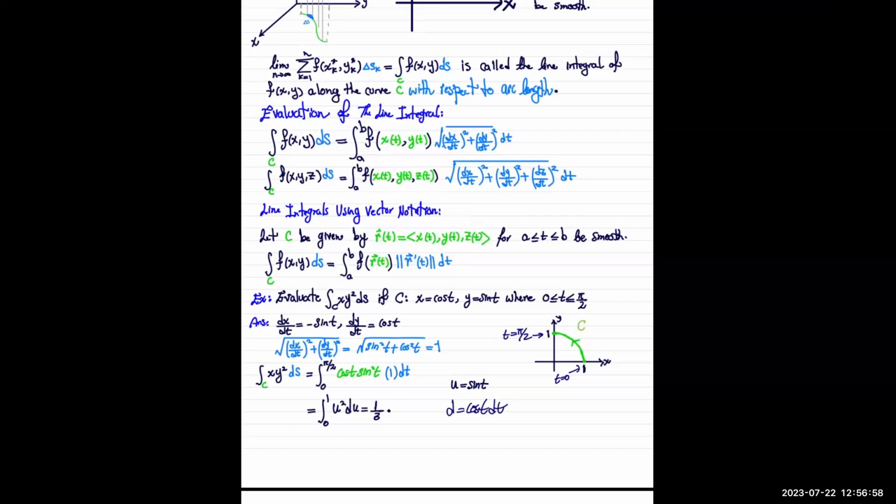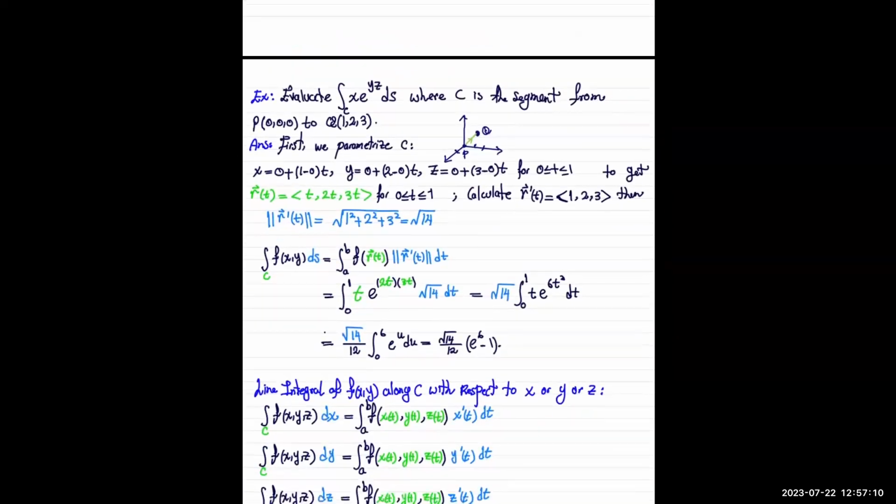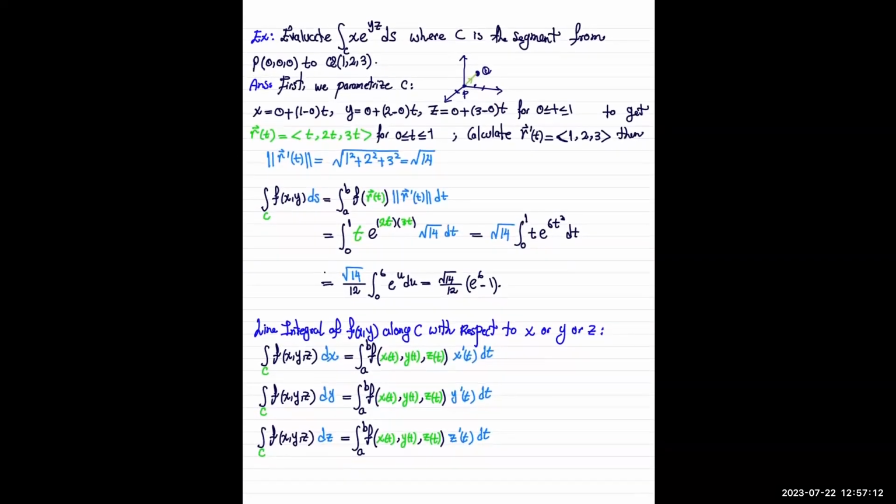We need the square root of the squares of the derivatives added, which is also the magnitude of r prime. So again, we find r, we find the derivative of r, and we find the magnitude of that derivative, which in this case is just root 14, and that's a constant.